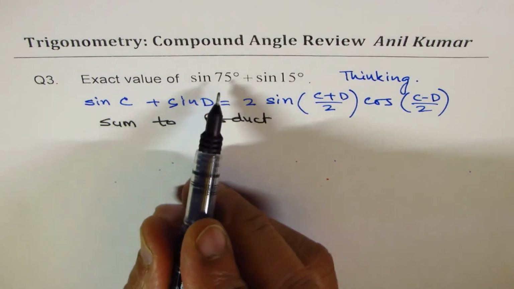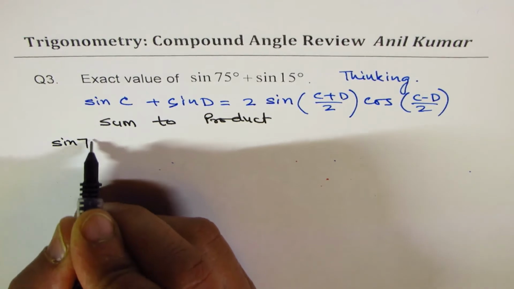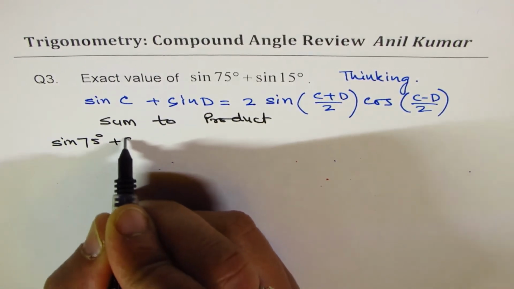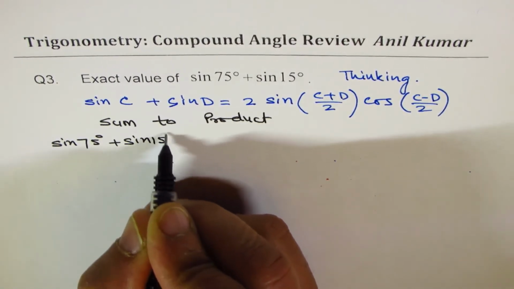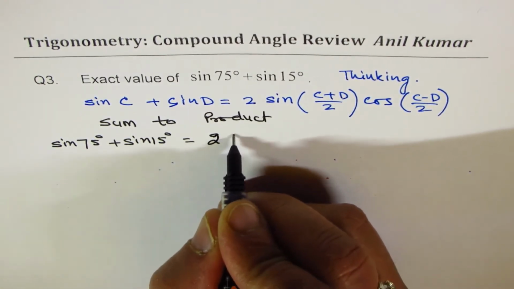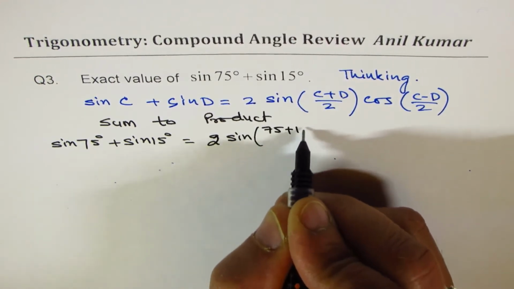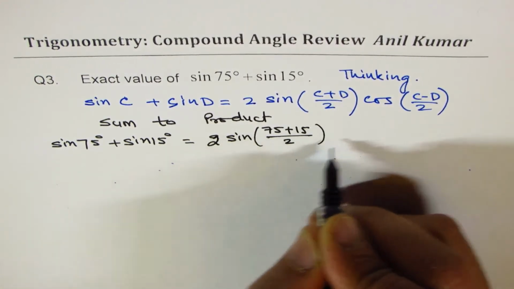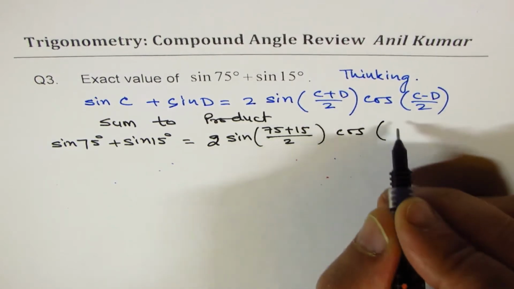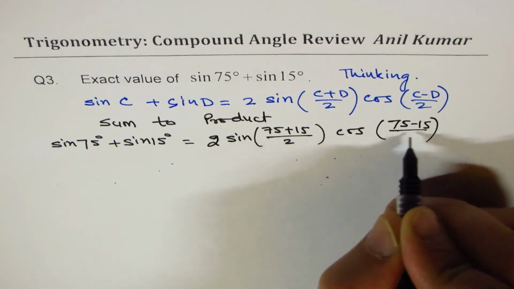So let's apply this formula here. We are given sine of 75 degrees plus sine of 15 degrees, which could be written as, let me write 2 first, 2 sine of 75 plus 15 divided by 2 times cos of 75 minus 15 divided by 2, right?